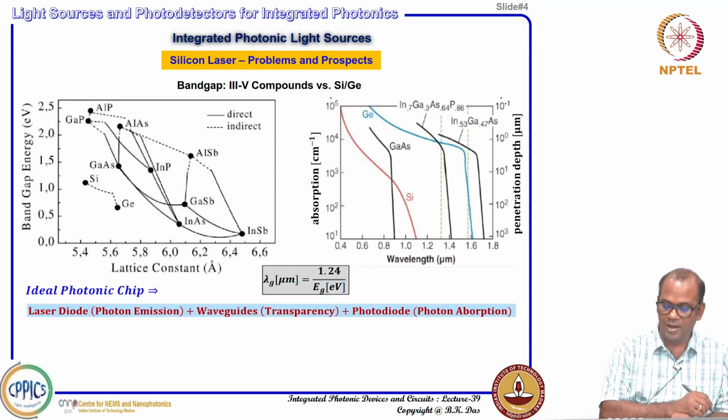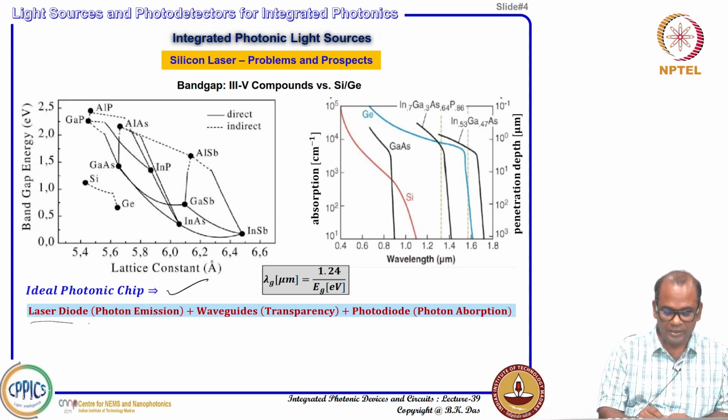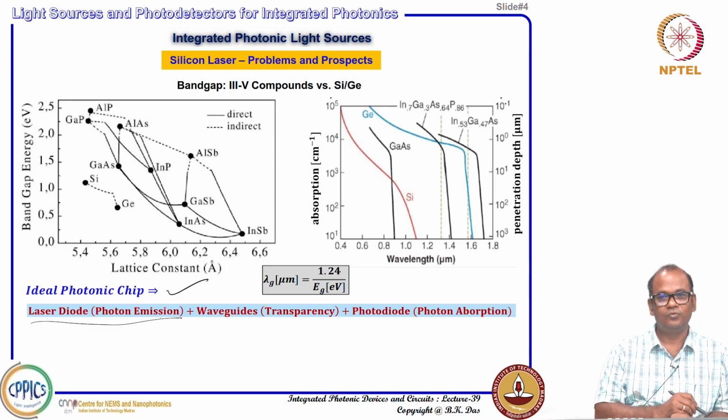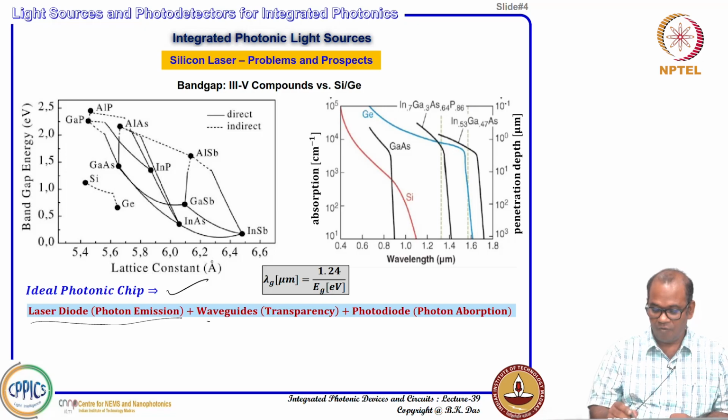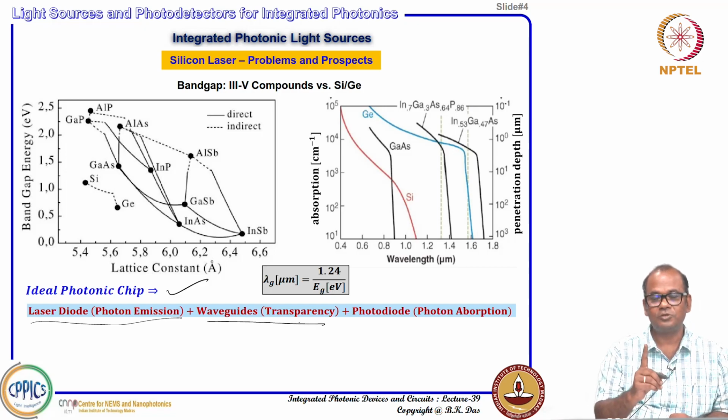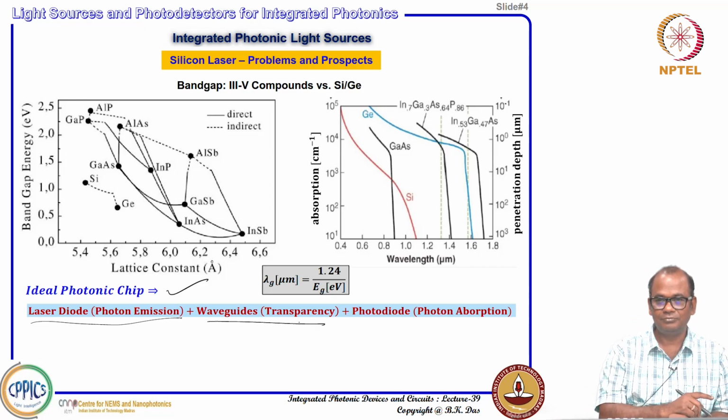Now, why am I showing this? One interesting part is that for an ideal photonic chip you need a laser diode for photon emission, and for the waveguide the same photon should be transparent.